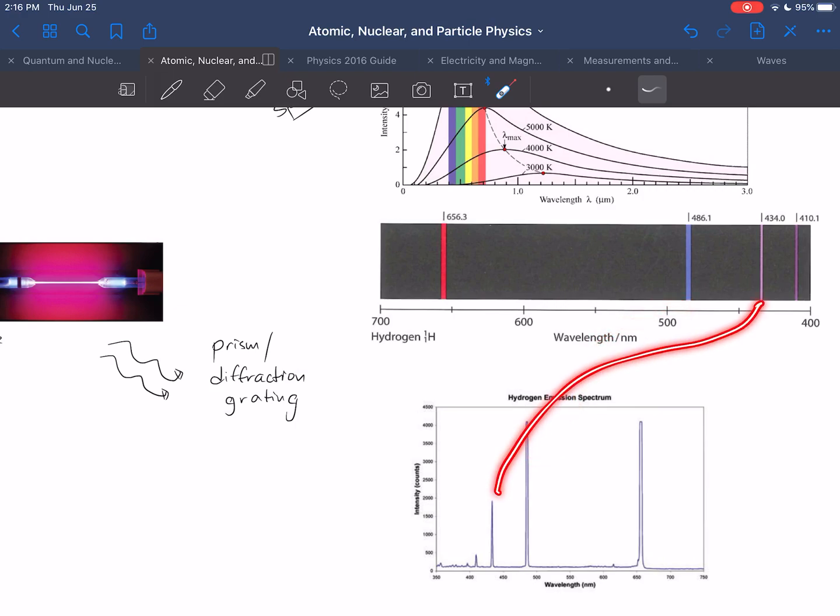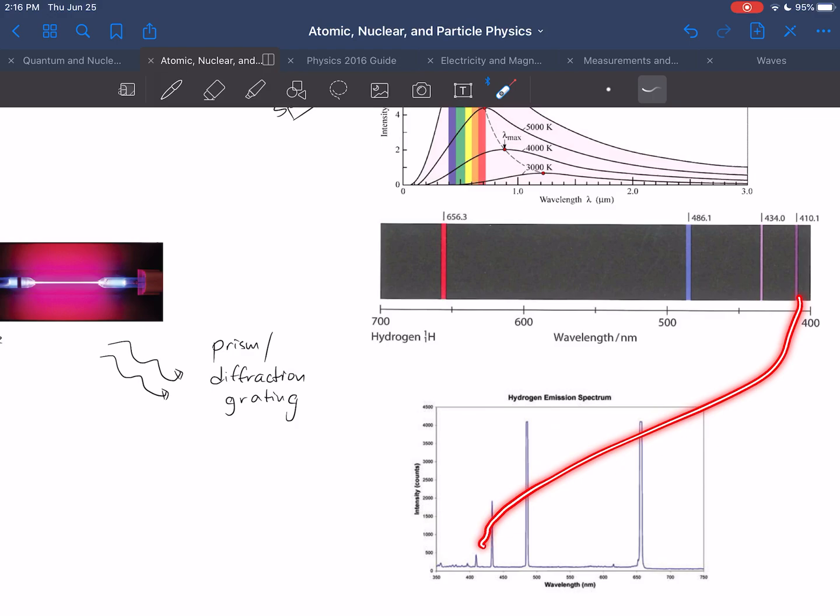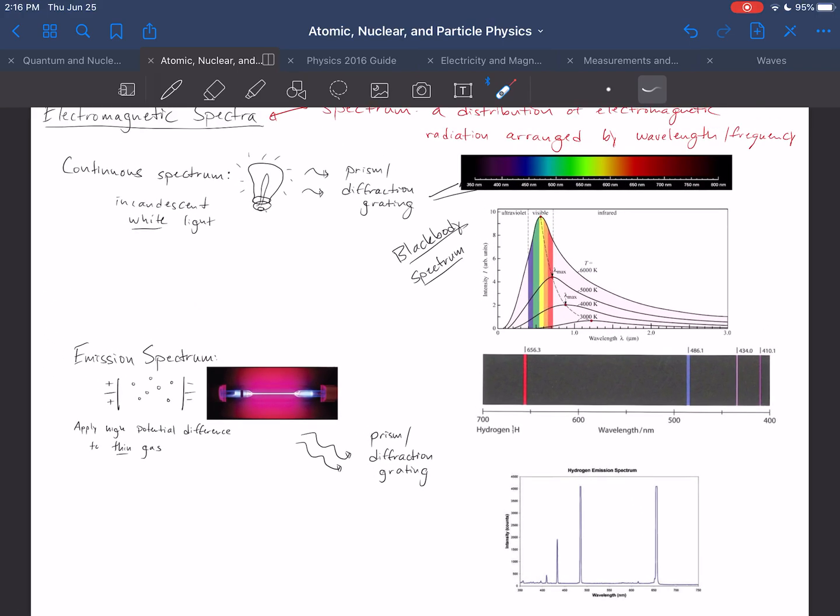You have a purple peak next to that, and over here you have a very faint purple peak. And these are the ones that are visibly observable. So you can run this through a diffraction grating and see for yourself these particular peaks. And we'll discuss more about why they are where they are moving forward. But for now, we're left with this interesting mystery, which is if you run a high potential difference across a thin gas and break down the light, you are left with what is known as discrete wavelengths in that light.